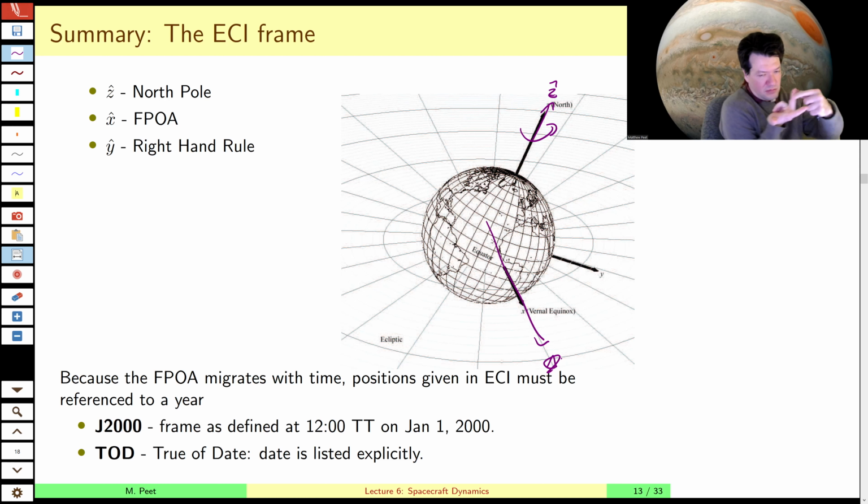So there's our z, there's our x, through some weird permutation on my hand. There's my thumb, you can do it yourself: thumb, middle finger, and index finger. The y-hat vector is perpendicular to those two vectors and points in a right-handed coordinate system that way. We don't fuss too much with the y-hat direction.